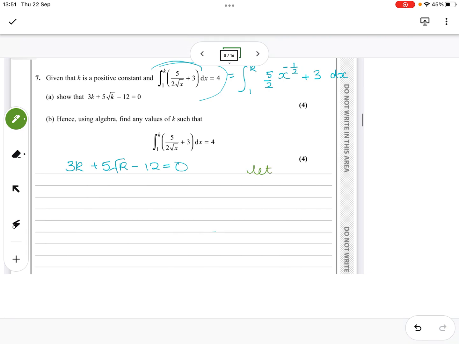So if we let x equal root k, then we've got 3x squared, because root k squared is k, plus 5x minus 12 equals 0. And I think I'll probably use my calculator to solve this, because why not? So I've got 3 and 5 and minus 12.